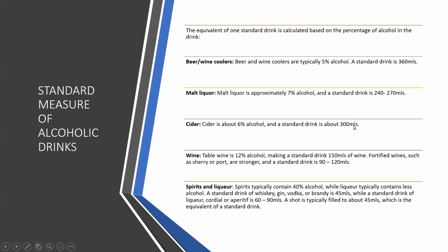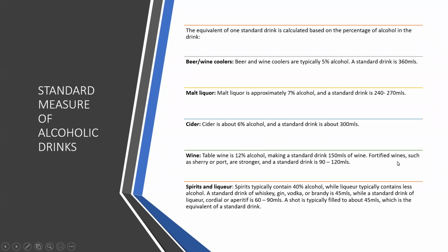Its standard drink is 300 mils, which could also be almost a glass or a cup. Whereas table wine has 12% alcohol, and its standard drink is 150 mils of wine, which could be a quarter or half of a glass.